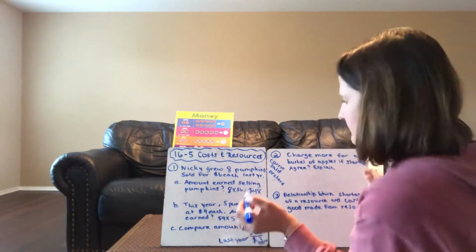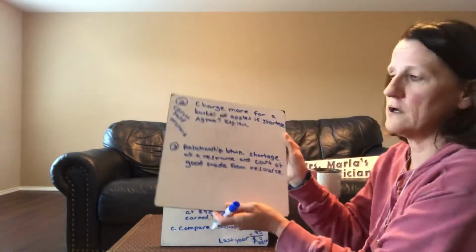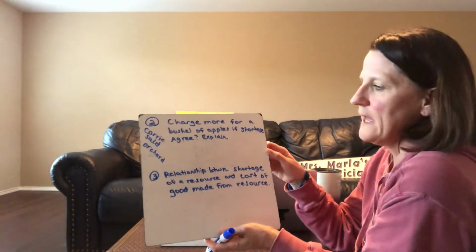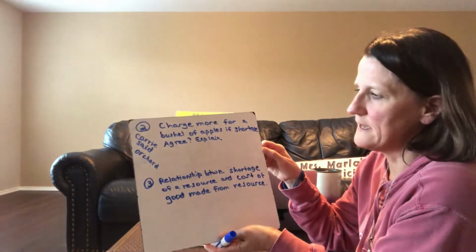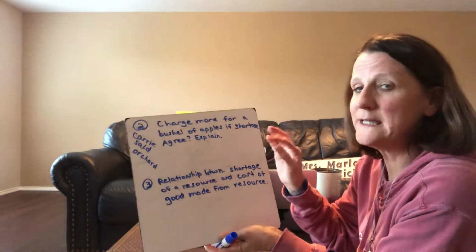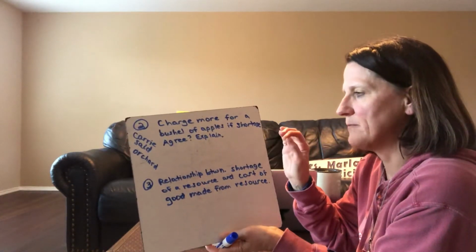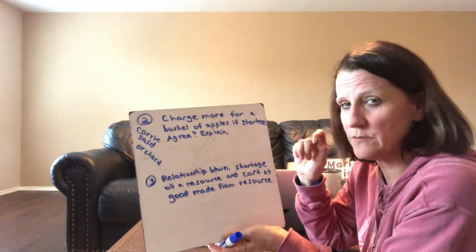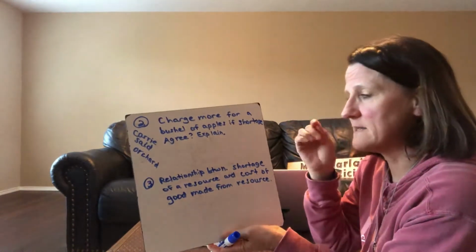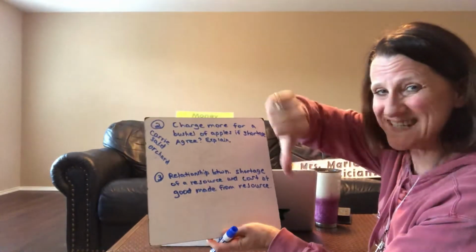All right. And so then on number 2, Carrie said that an orchard needs to charge more for a bushel of apples if there is a shortage. Do you agree? So that means that the amount of apples goes down.